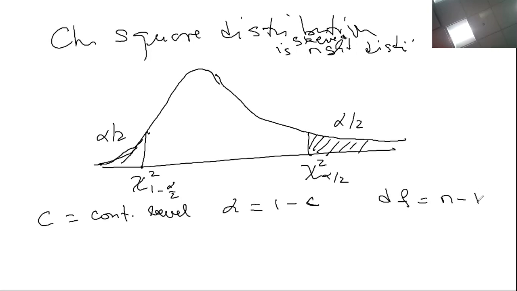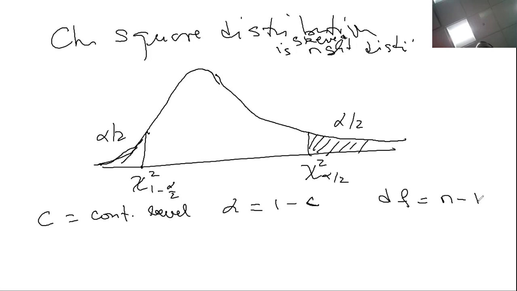This degree of freedom is when we are dealing with the variance and the standard deviation. So let's start with the practice of how to read these two numbers that will become important. We are going to call them chi-square right and chi-square left to make it easier.